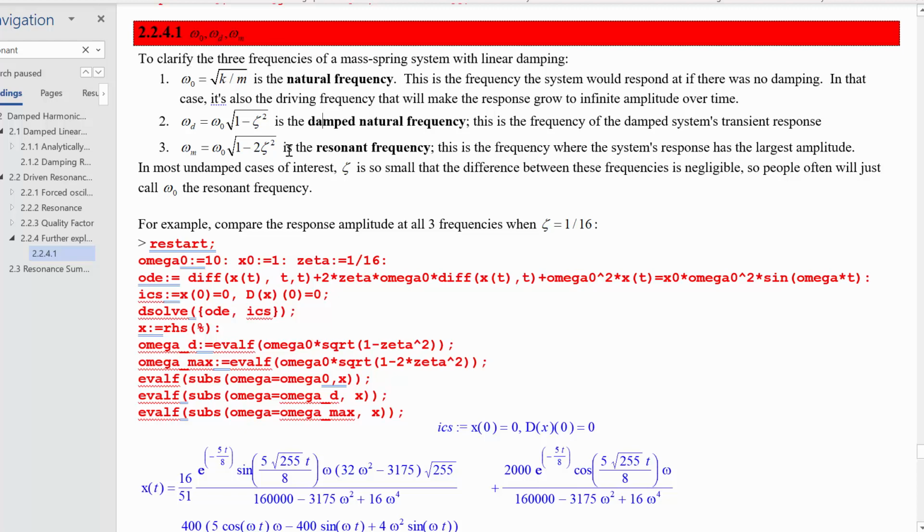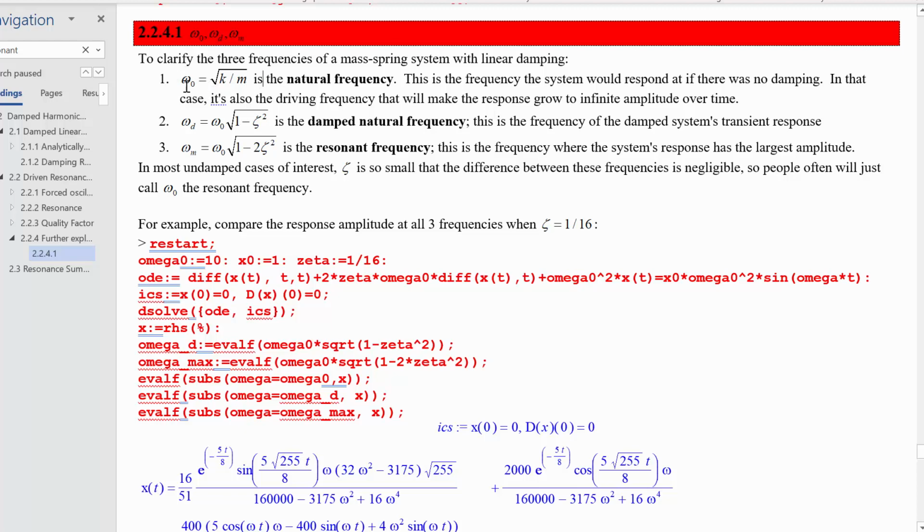Well, the reason is that when it's moving back and forth, what's the difference between below and above resonance? Above resonance, it's moving back and forth slightly faster, right? It has more velocity. Below resonance, it's moving back and forth slightly slower. If the amplitude is the same, then we would have more energy lost when we're just above resonant frequency, just above omega naught, let's say, than when we're just below omega naught.